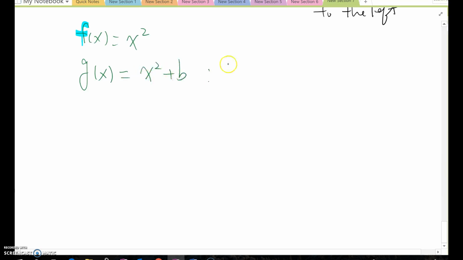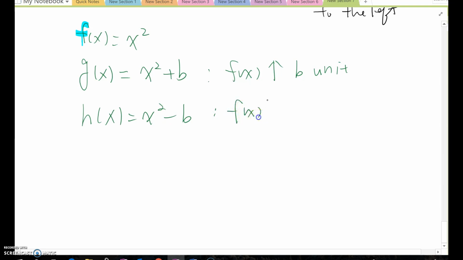Based on f(x) equal to x squared, if any function is given, g(x) equal to x squared plus b, then what does that mean? Yeah, f(x) moves up b units. And then if given h(x) equal to x squared minus b, then f(x) moves down b units, right?